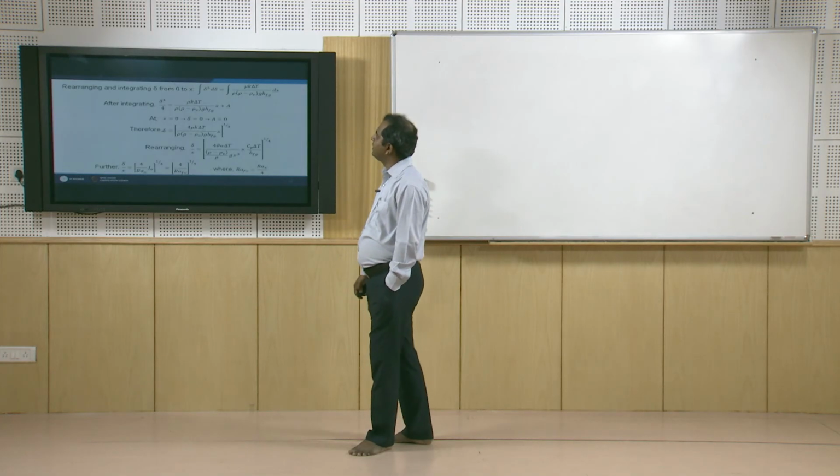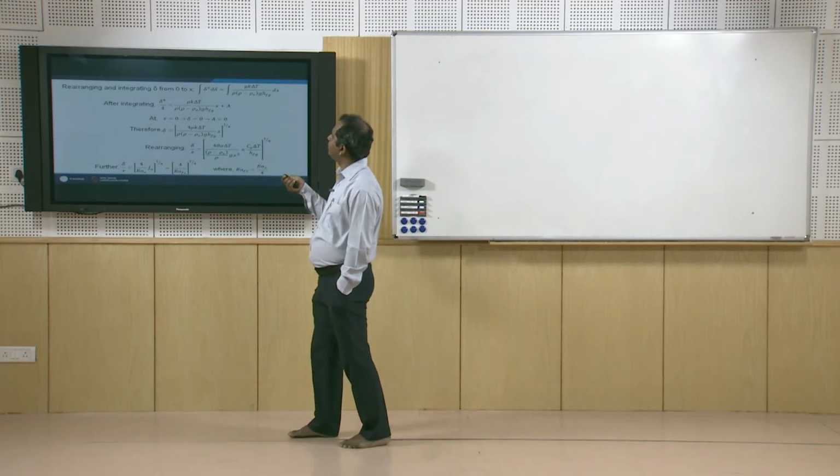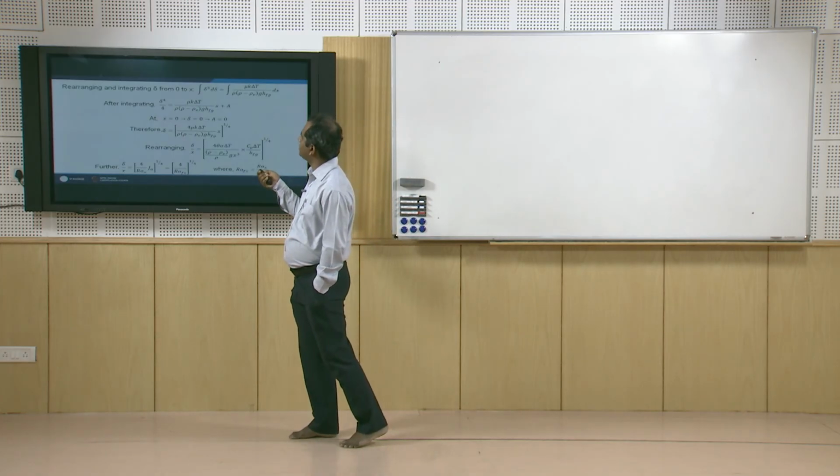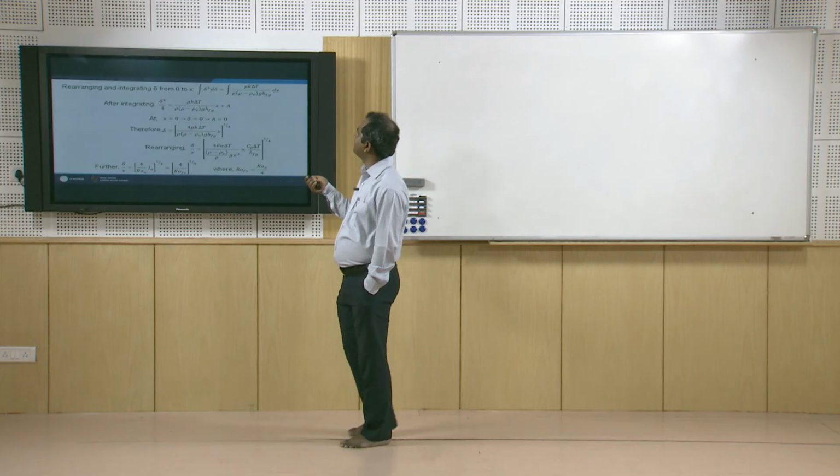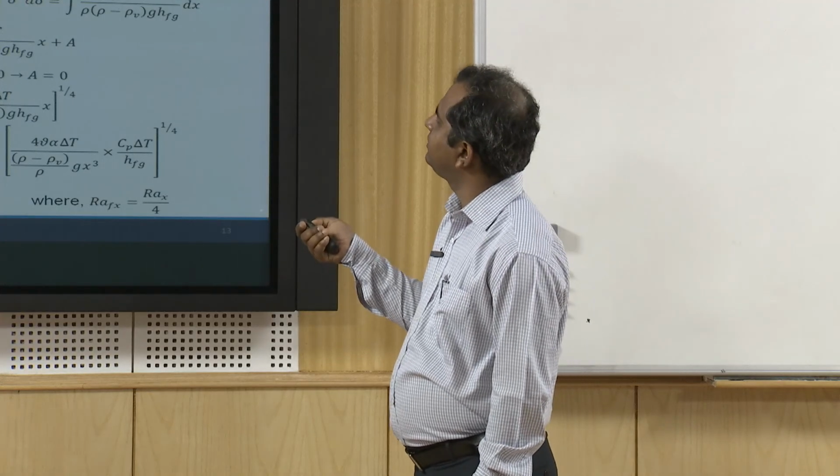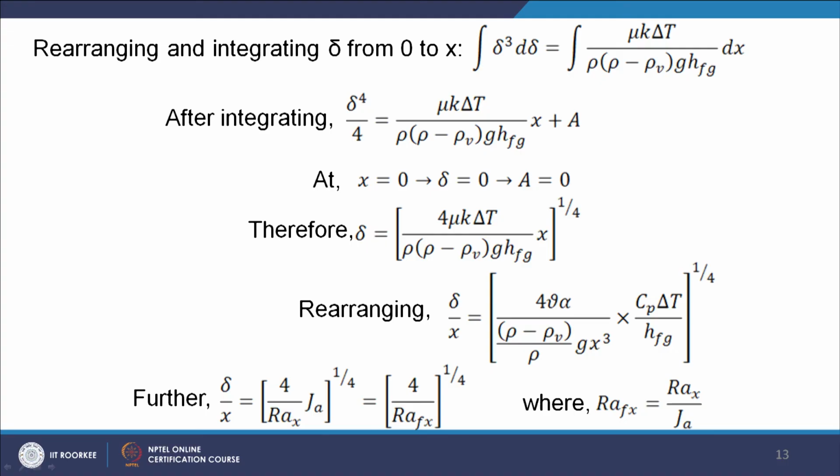So, if we integrate from 0 to x, then we will be finding out that this is becoming delta to the power 4, and in the right hand side we are having mu k delta T divided by rho into (rho minus rho_v) g into h_fg into x plus a. Okay. Now, we need the boundary condition for finding out a. So, we know that at x equals 0, delta equals 0 at the leading edge. So, we get that value of a equals 0.